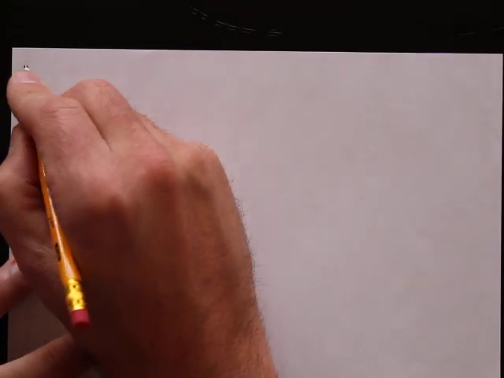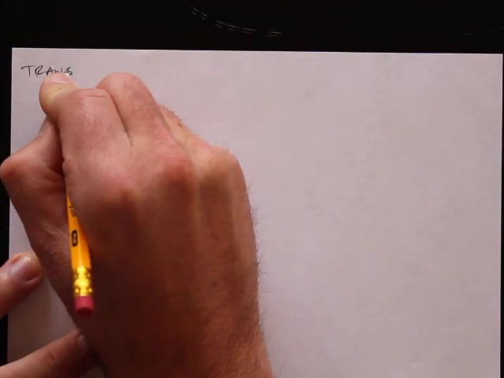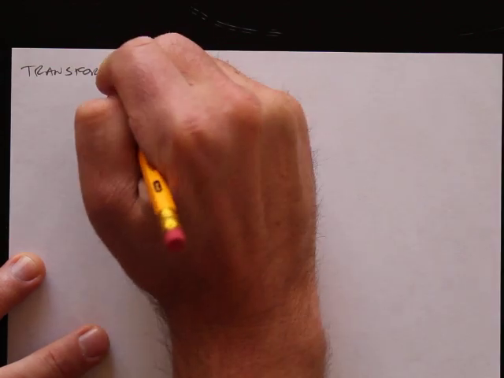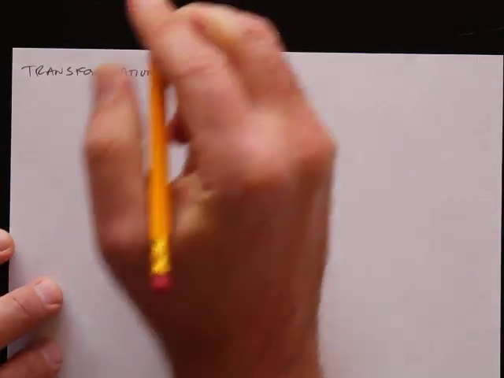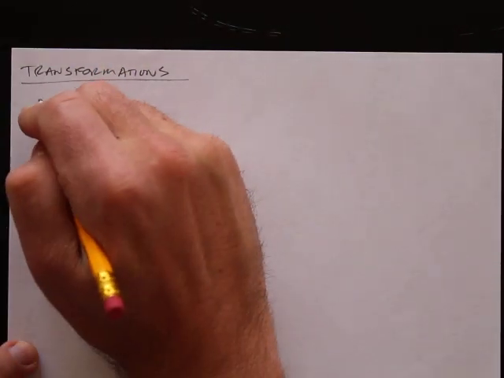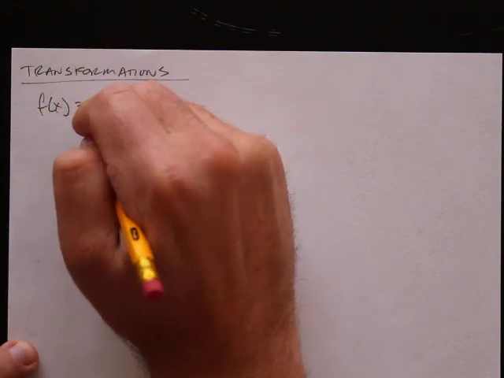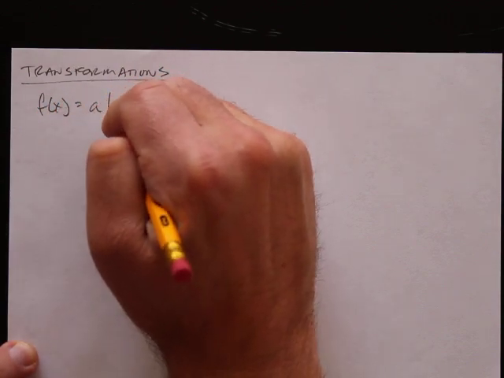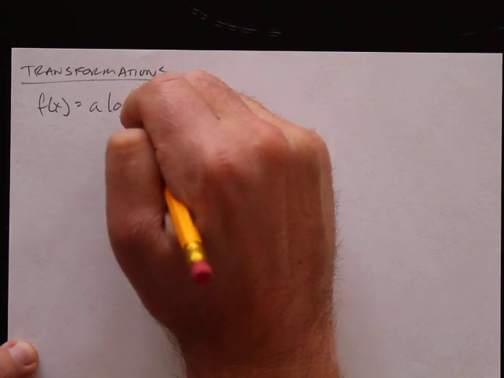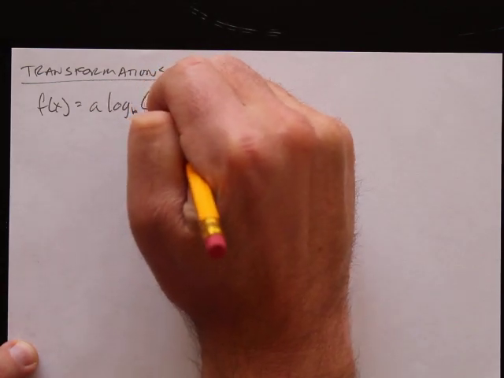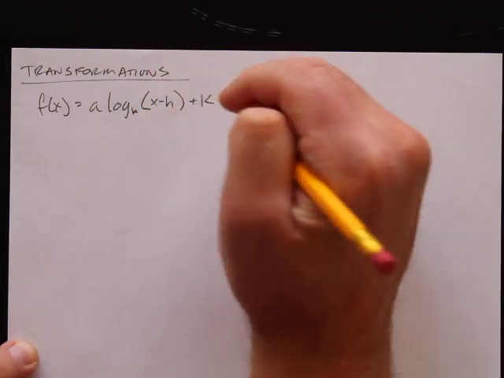All right, good. So now we're going to look at some transformations, just briefly, of the logarithmic function. So I've got f of x equals a times log base b of x minus h, plus k.